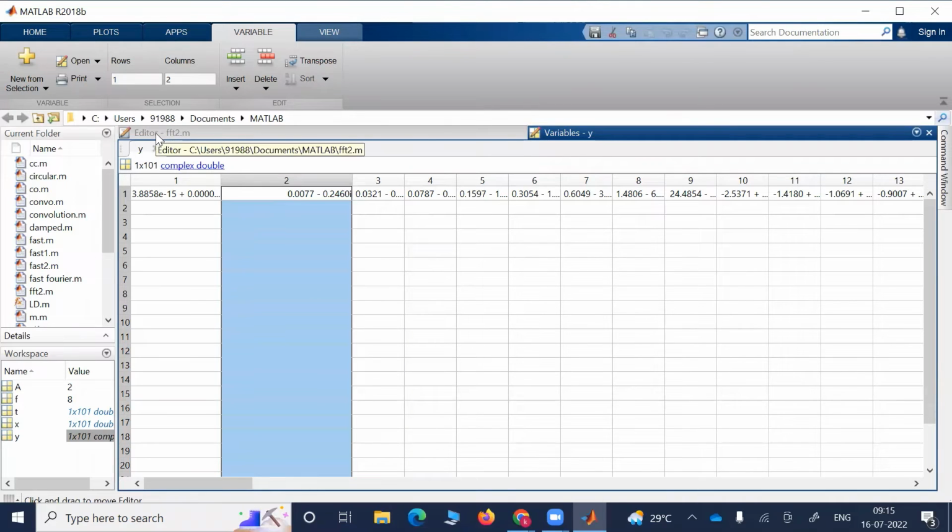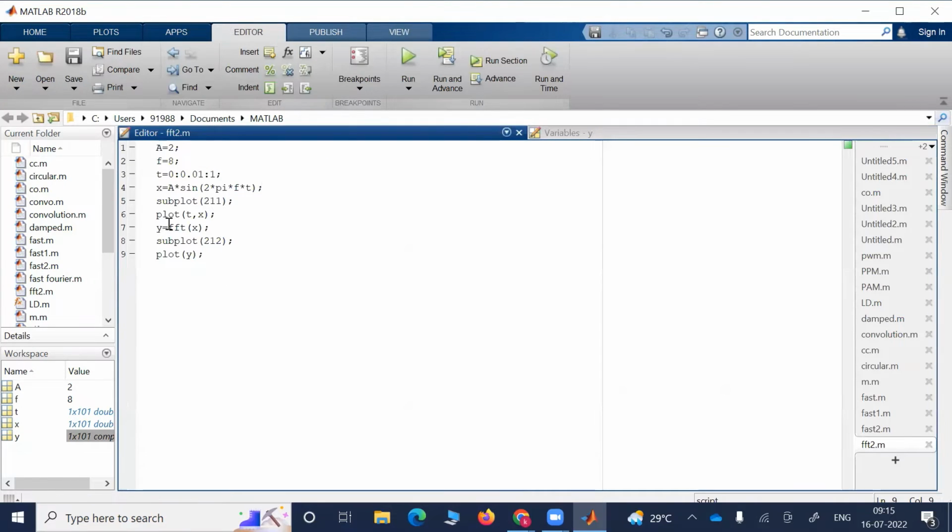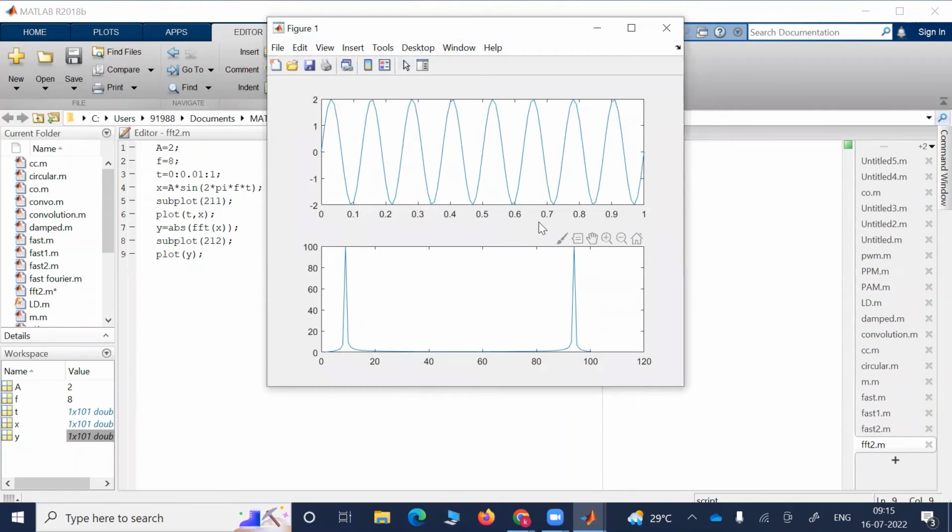Now, instead of that, we can use the absolute value of the function. I hope you all know what absolute value is. Absolute value of FFT of x. So run. Now we can see the spectrum. It converts the time domain to the frequency domain.